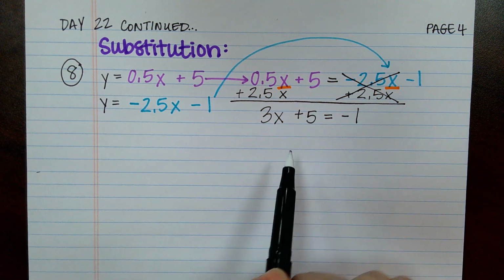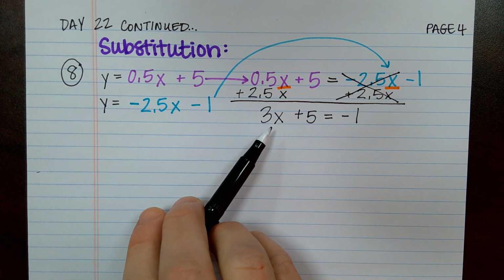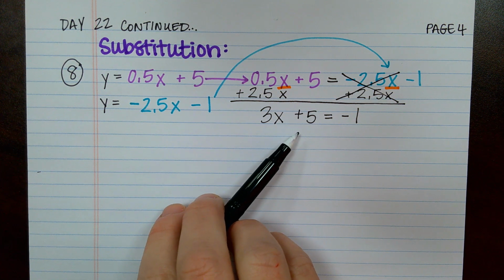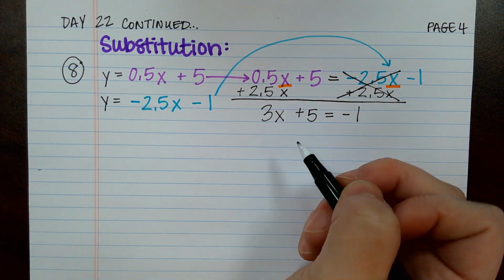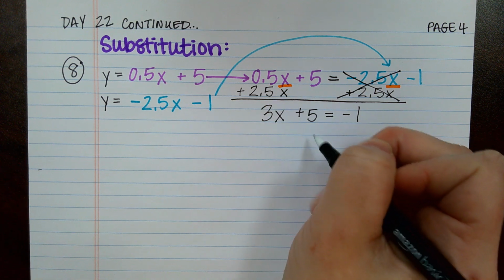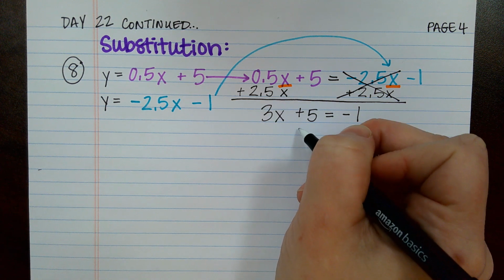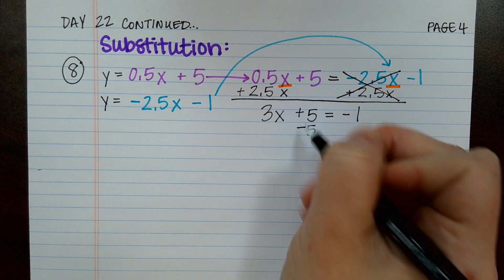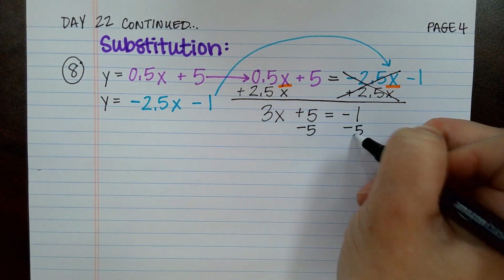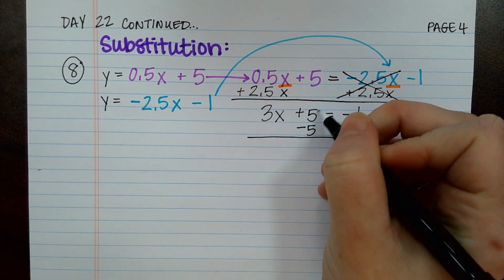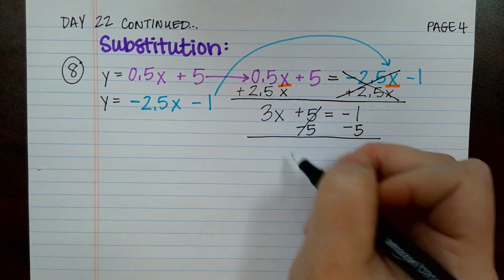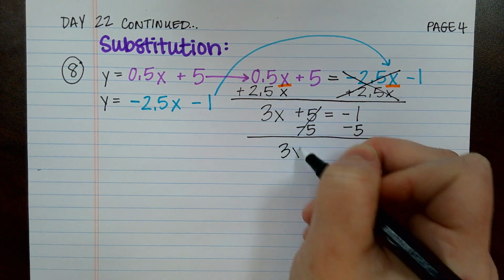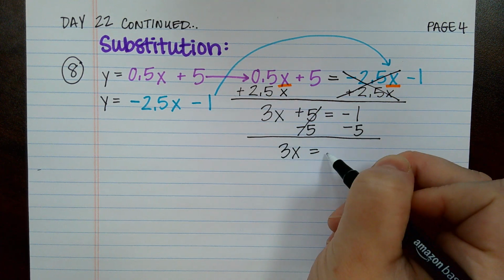Does that help me get closer to finding x? No, so like you said, let's get rid of the 5. Let's try to get x by itself. So add 5 or subtract 5? Subtract 5. We always want to do the opposite. So the 5s cancel, and then I have 3x equals negative 6.